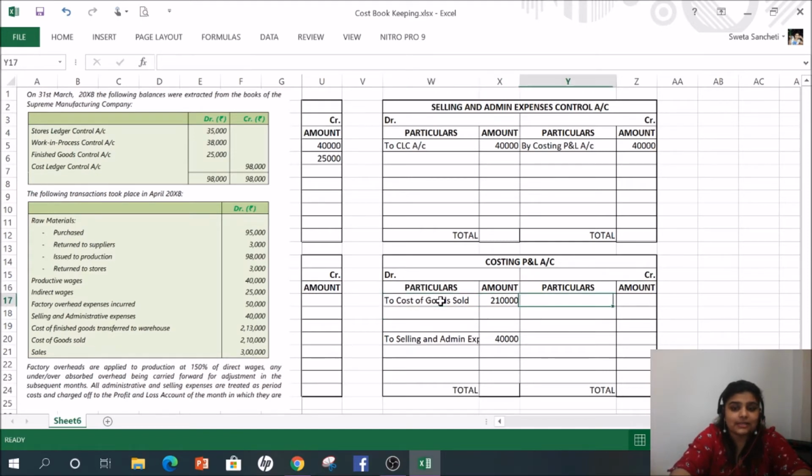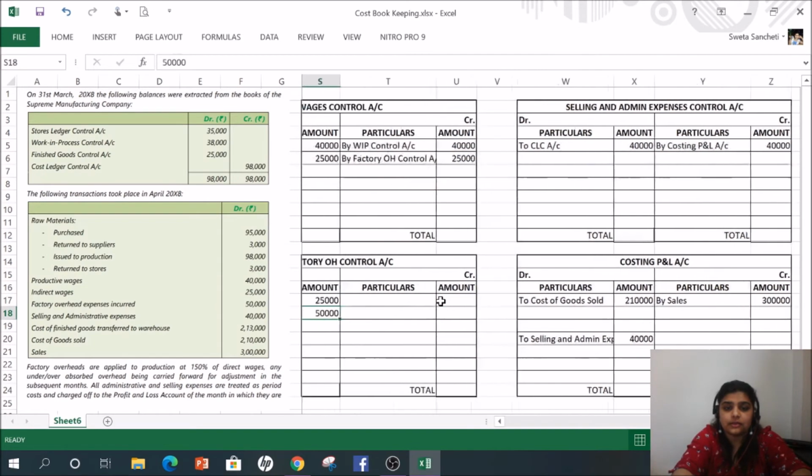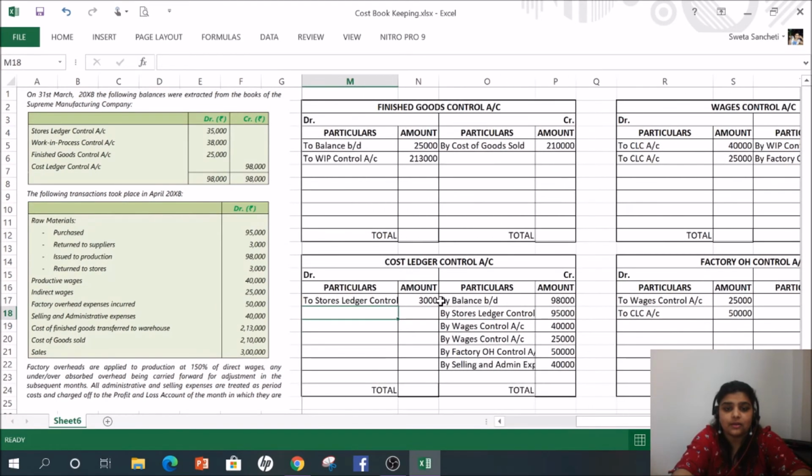Next I have sales. So by sales, that is equal to 3 lakh. And as I taught you yesterday, the second entry would be in my costing P&L as to sales. Why? Because the first entry for sales is sales cash to sales.